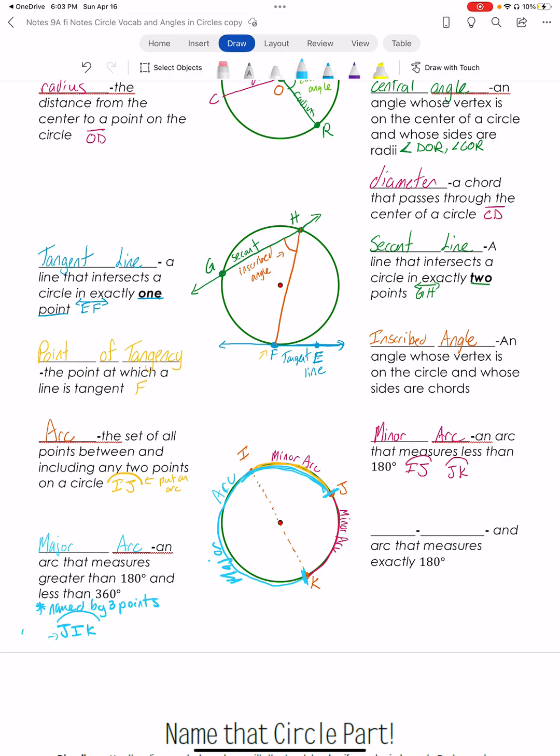The first point is an endpoint, this is an endpoint, and this is going to be a point in the middle. It has to be named by 3 points. Otherwise, if I said JK, I would actually be naming this minor arc here. So just be careful with that.